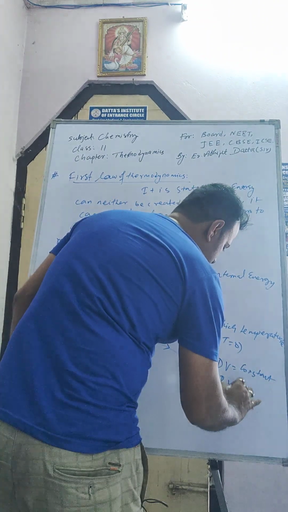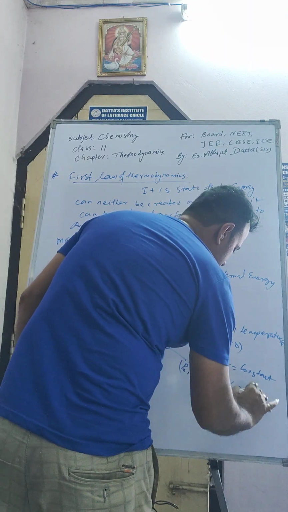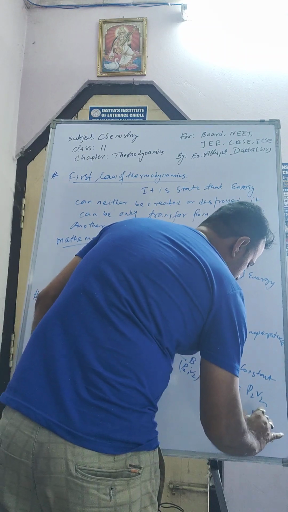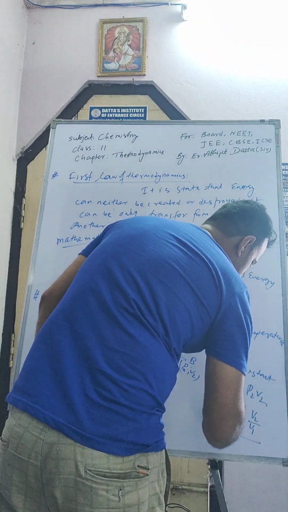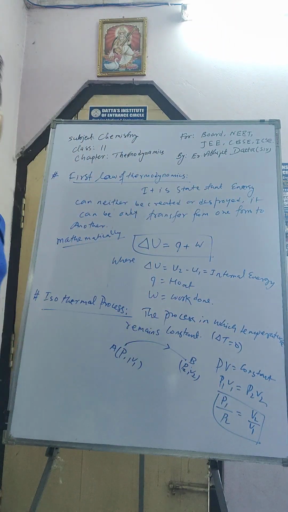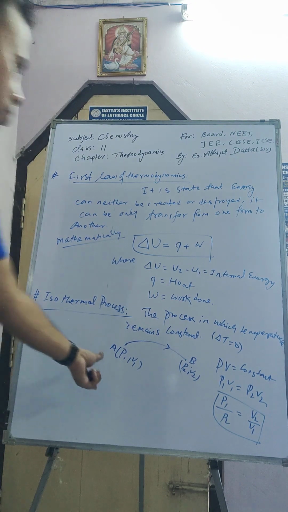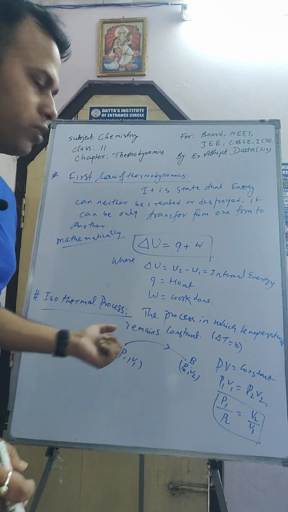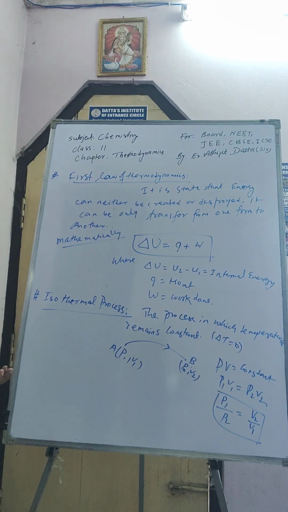So P1 V1 equal to P2 V2. So P1 by P2 we can write V2 by V1. This one is one formula of the thermodynamic process. The process in which the temperature remains constant is known as isothermal process.